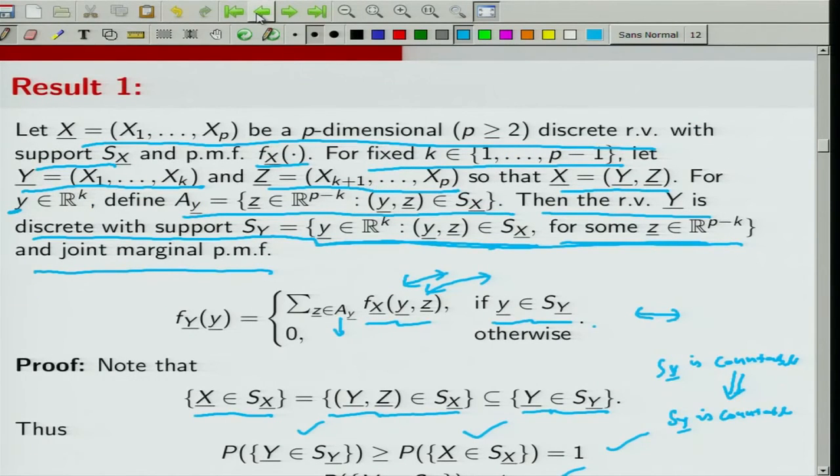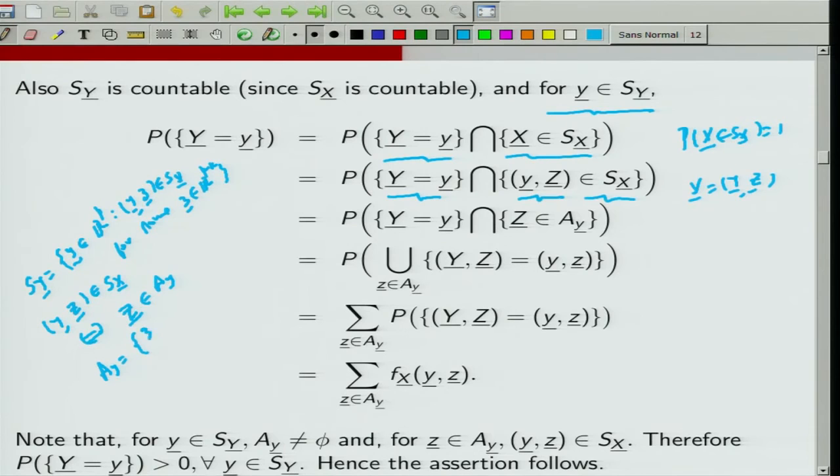Ay is the collection of all those z belonging to R^(p-k) such that yz belongs to Sx. So, note that yz belongs to Sx if and only if z belongs to Ay, because if z belongs to Ay, that means yz belongs to Sx. So, this part is obvious, and if yz belongs to Sx, that means z has to be in Ay.